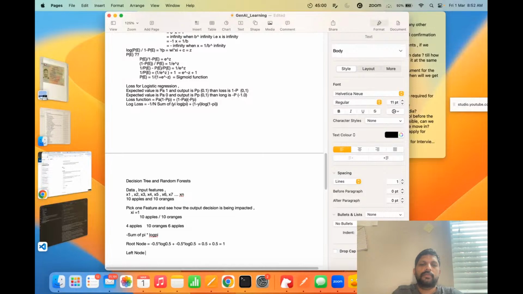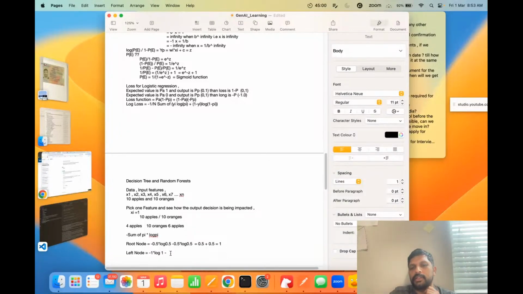On the left node, the probability of apples in this set is 4 by 4, which is 1, and the probability of oranges is 0 by 4, which is 0.